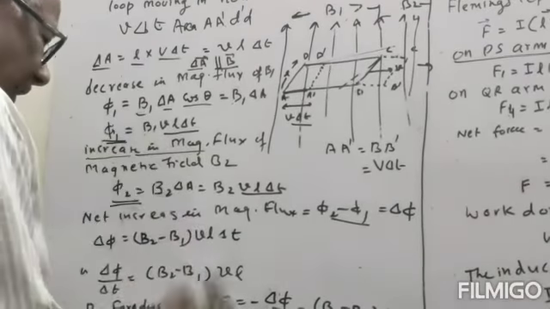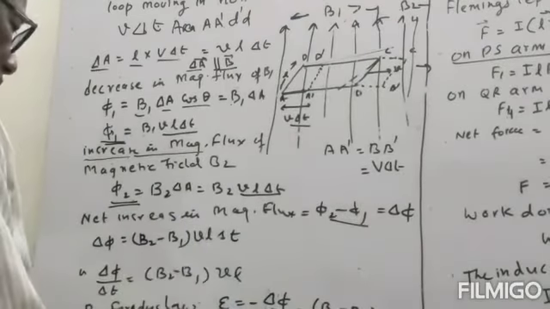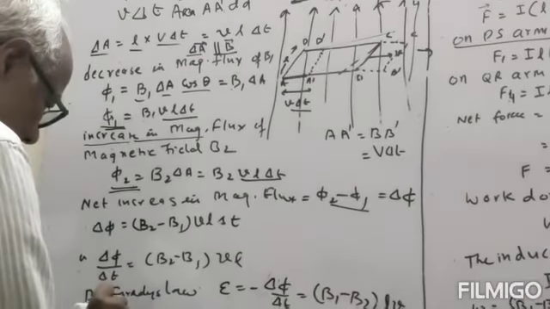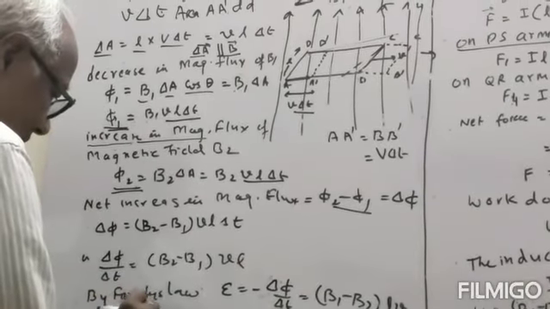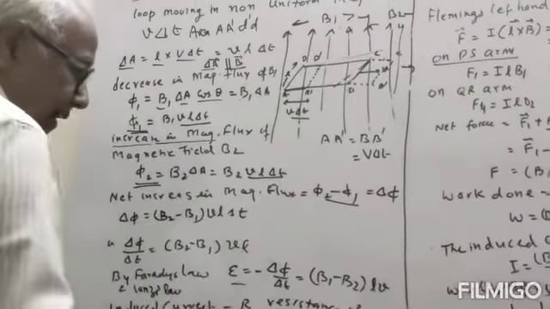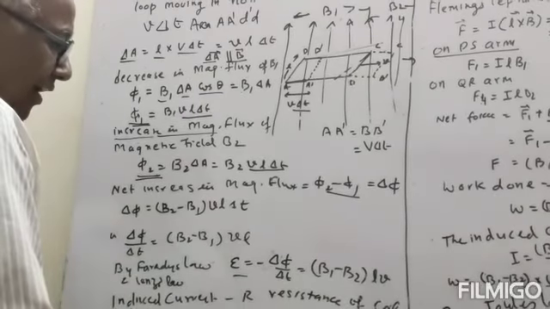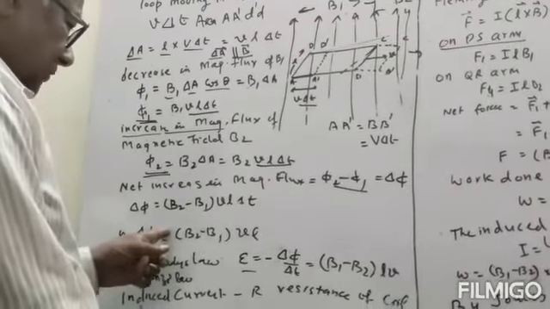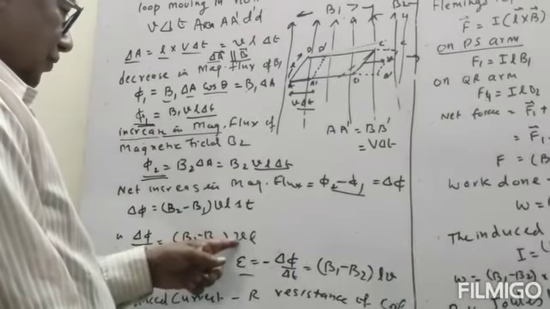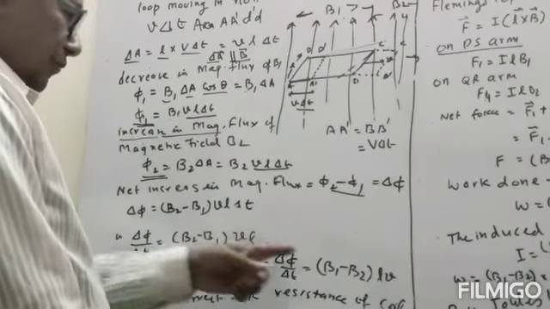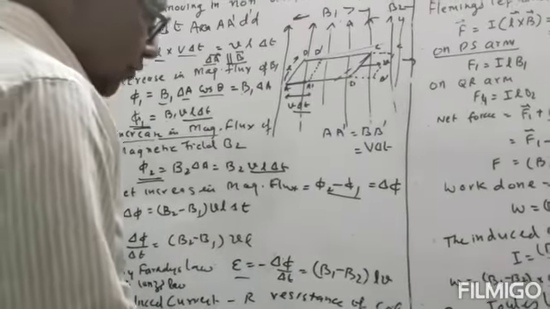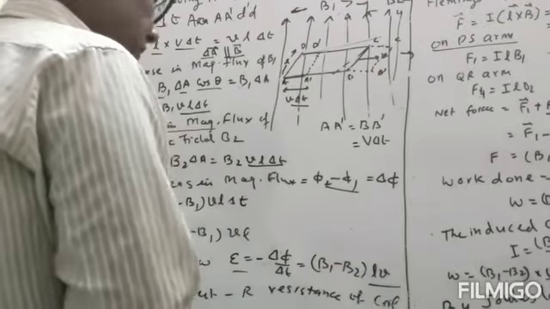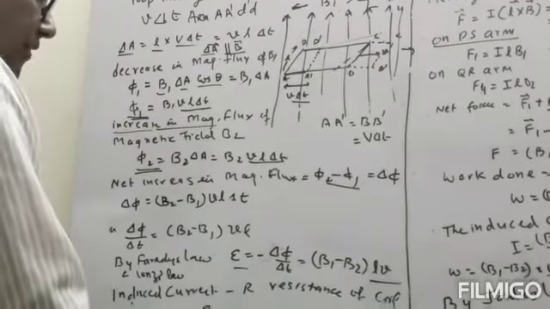So using Faraday's law and Lenz's law, EMF is equal to minus delta phi by delta t, which is minus B2 minus B1 into L into v, equal to B1 minus B2 into L into v. This will be the EMF produced.